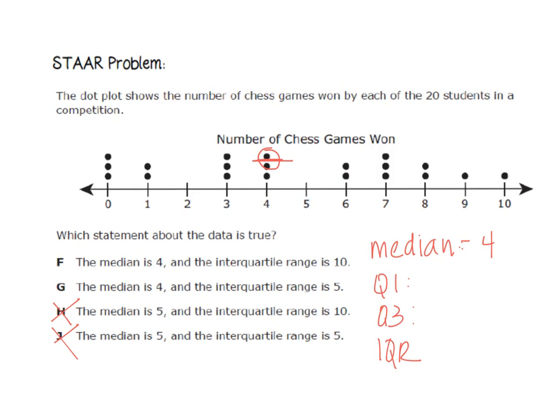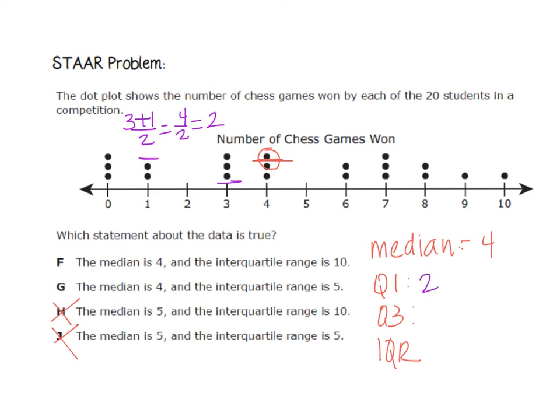This one is going to be between this number and that number, so I need to do the math: 3 plus 1 divided by 2. That's 4 divided by 2, which is 2. So my Q1 is 2.